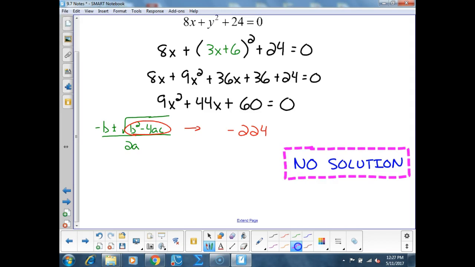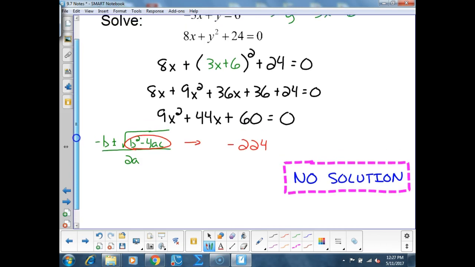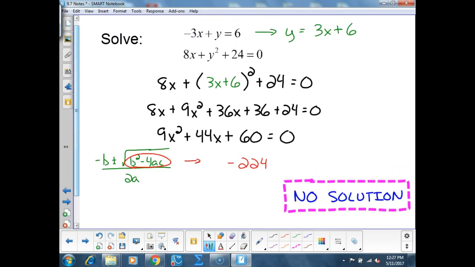Which makes sense, because now let's investigate this one a little bit more. What kind of conics do we have? A line on the first one, right? And a parabola, right? Okay.